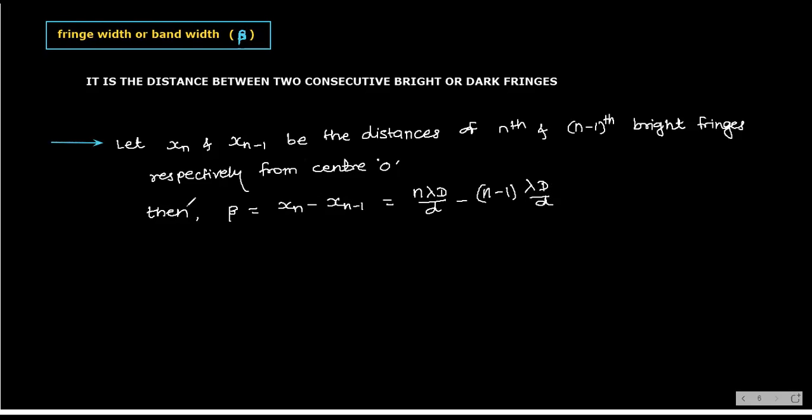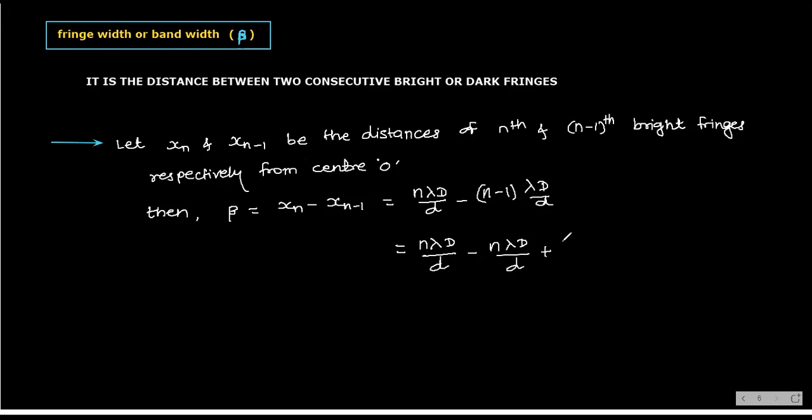So now let's see what you are getting here. N lambda D by small d minus n lambda D by small d, minus minus plus.